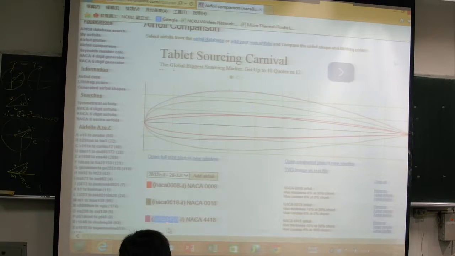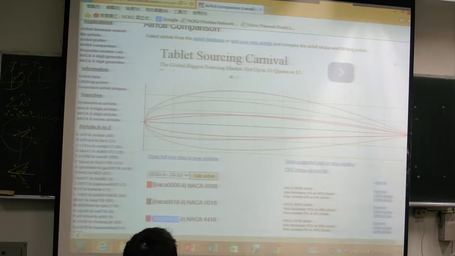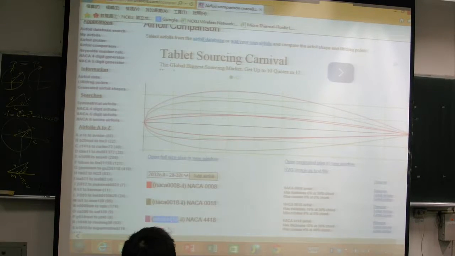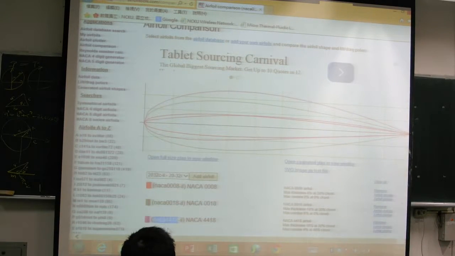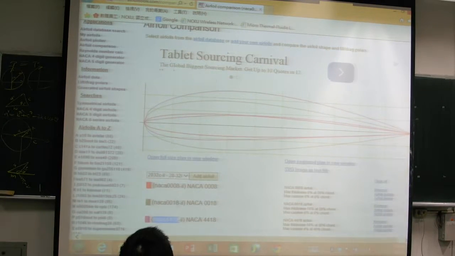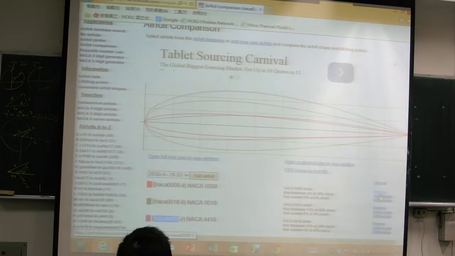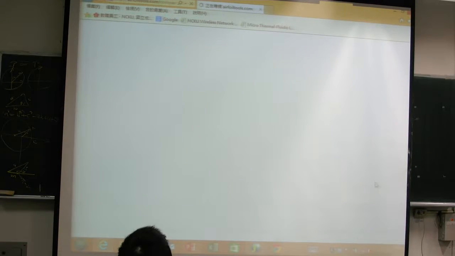You just tell it the numbers and it gives a certain shape. The 18 here represents the thickness ratio, your t measurement over L, that's 18%. And the 44 here gives you a camber effect. I would like to compare with the same thickness, but with camber.